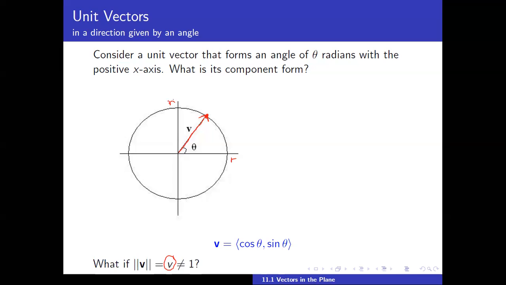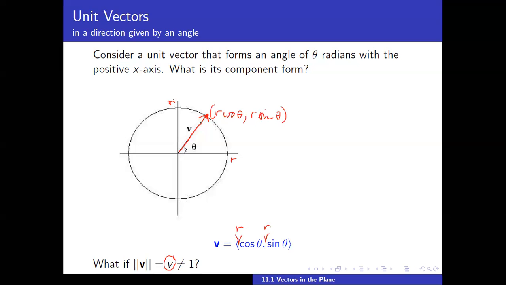What would the coordinates of that vector be? Yeah. r cosine theta, r sine theta. So the only difference is instead of just cosine theta, sine theta, it would be r cosine theta and r sine theta. That is the only difference.